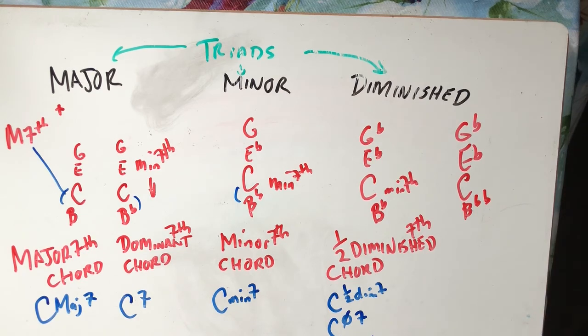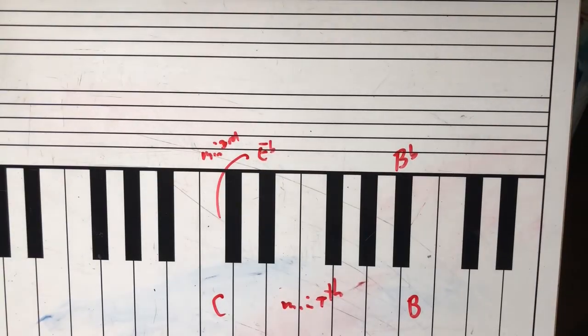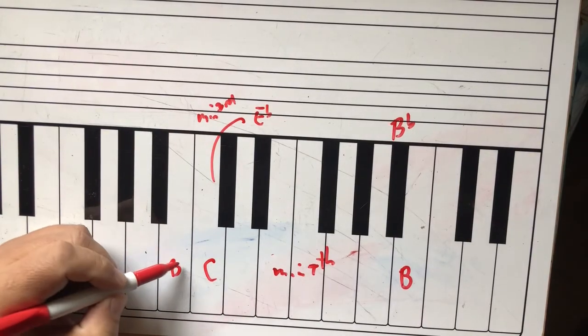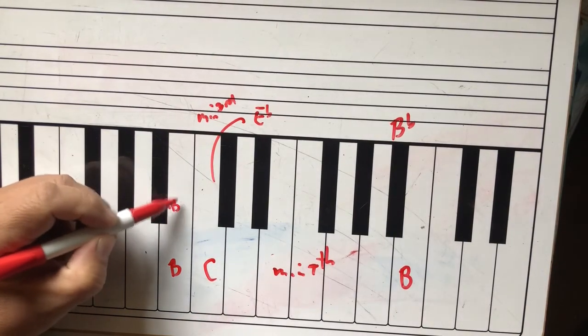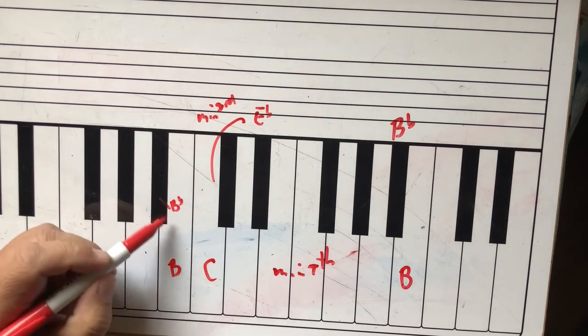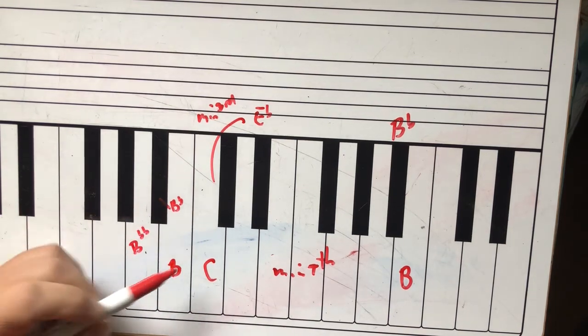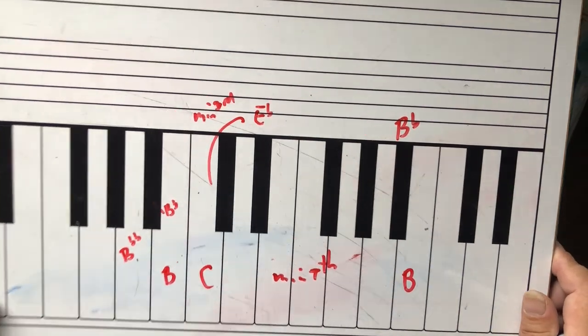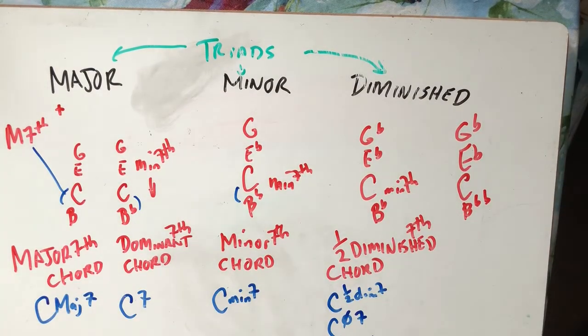Let's see if I can show you that quickly right here. Okay, C, B, that's 1 half step. B flat, that's 2 half steps. B double flat, 1, 2, 3. Okay, that's a diminished 7th. It's only 9 half steps up from the root, or 3 half steps down.